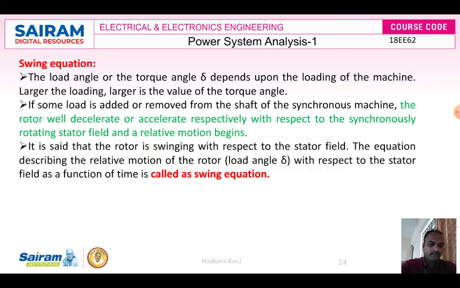Even though the load increases, the rotor does not reduce its speed. How is it possible? By adjusting the load angle, we can keep the rotor speed constant. The load angle or torque angle delta.